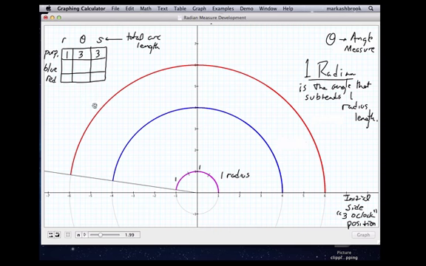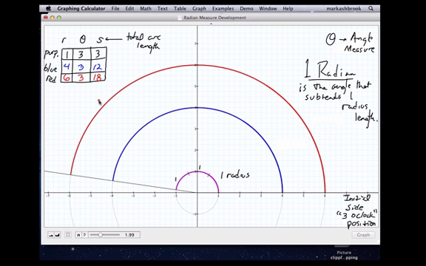Okay, blue, radius, angle 3, arc length. Red. Angle. Arc length. She said 18. Agree with that? Does it make sense?